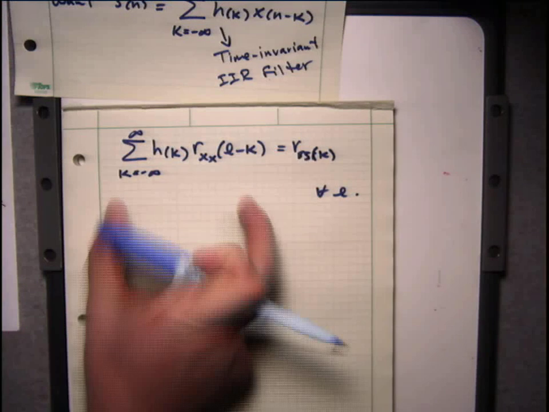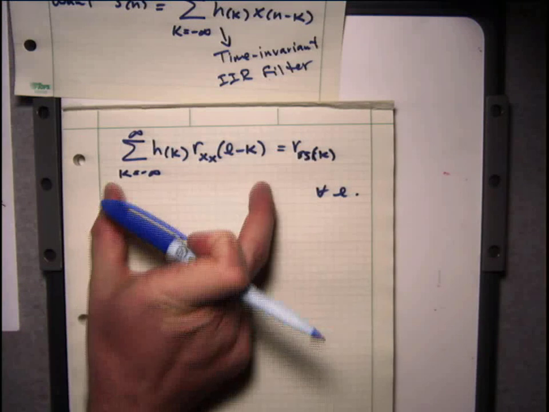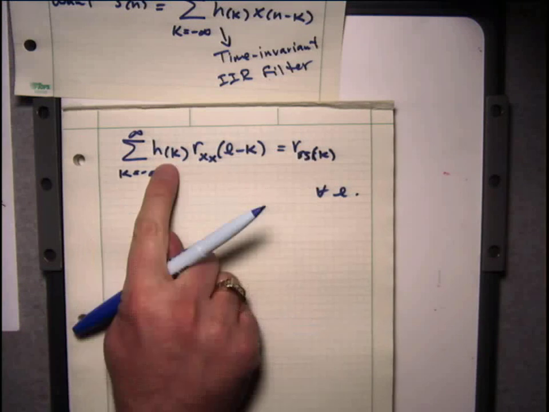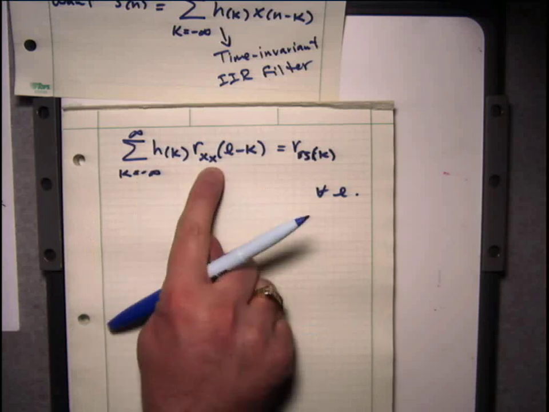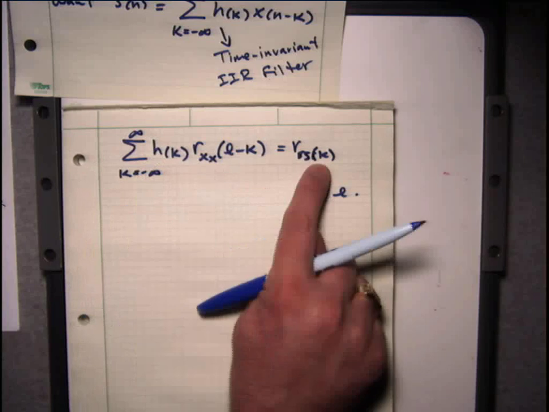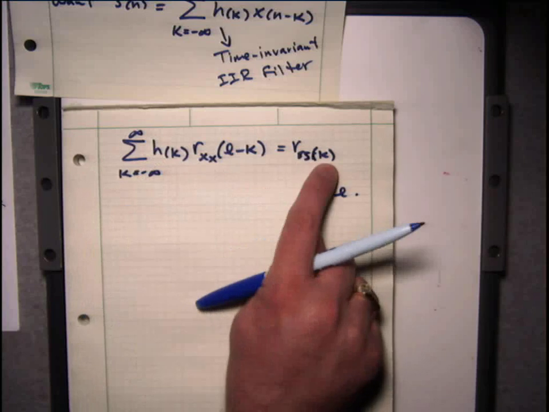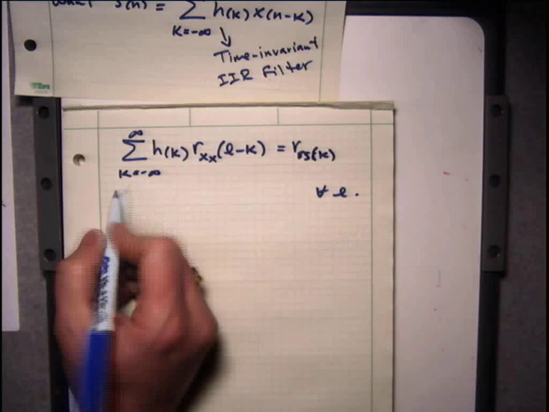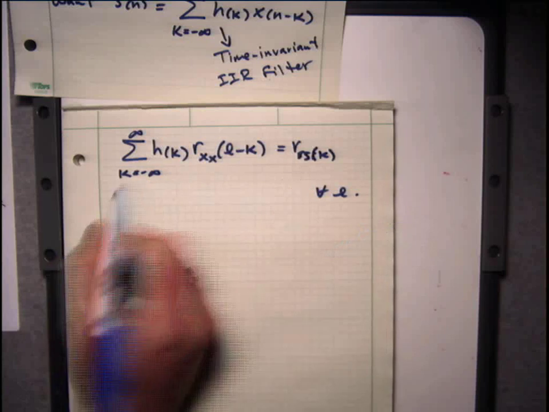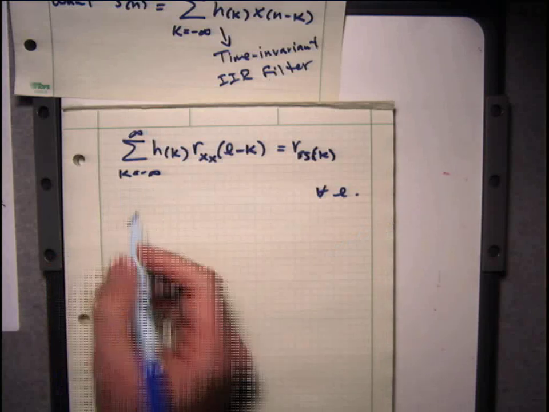Okay. Now if you look at this left-hand side, it's simply the convolution of this infinite impulse response with the autocorrelation function for x. Okay? And the right-hand side is the autocorrelation function for s. So if I write this in the Fourier transform domain now, if I take the Fourier transform of this, I get the power spectra.